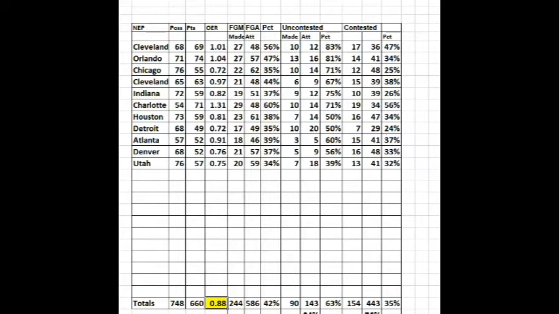Well, what we've shown you here is that as a coach, you can get that by just the difference in your possessions, the way you get the ball, by what you do after you get the ball.